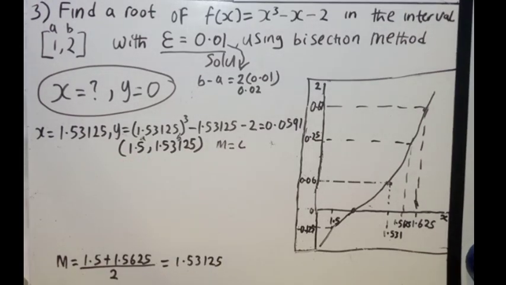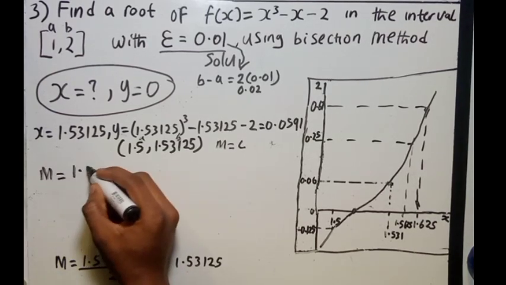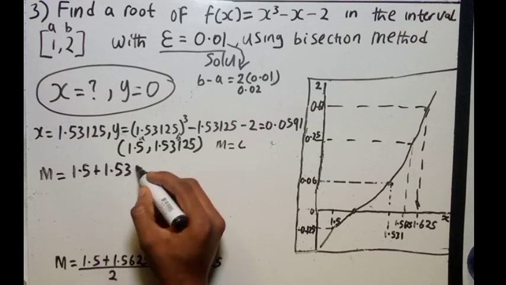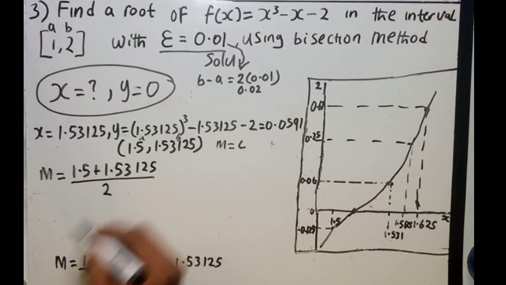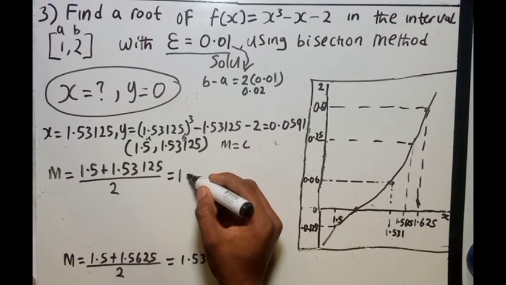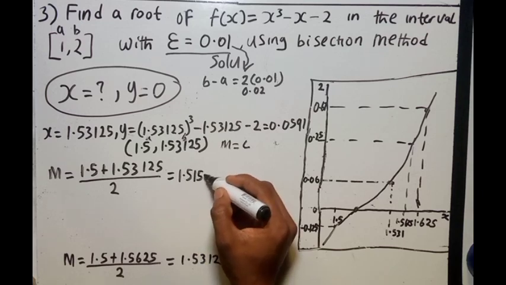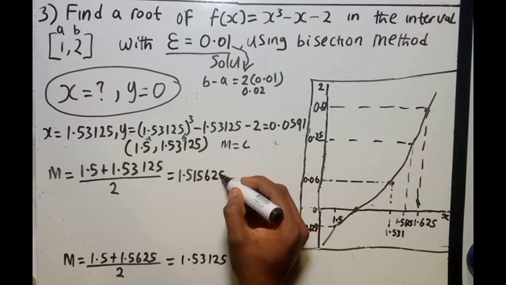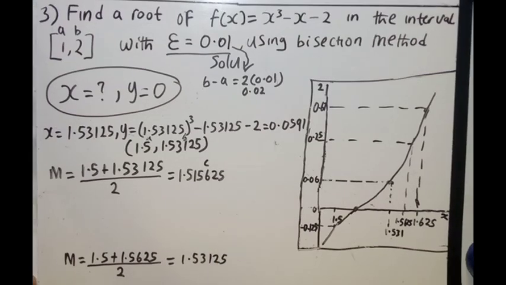In between this, our midpoint is 1.5 plus 1.53125 over 2, so we're having 1.515625. So this is our C now.